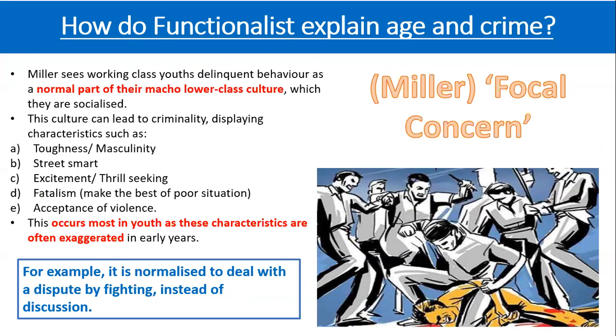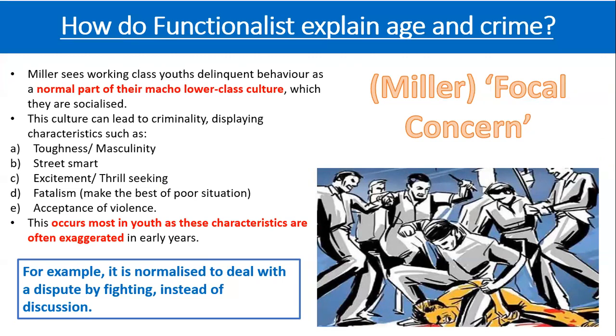So this culture can lead to criminality, displaying characteristics such as toughness and masculinity, street smart, excitement or thrill seeking, fatalism, so making the best of poor situations, or an acceptance of violence. So lots of traits there that essentially these working class youths are looking for or need to compete to gain that status.